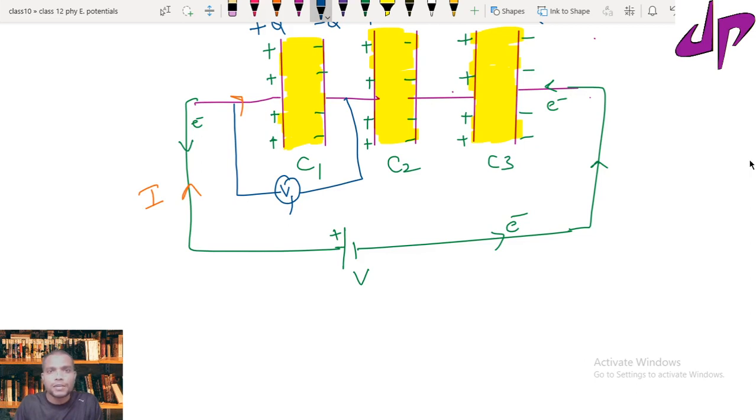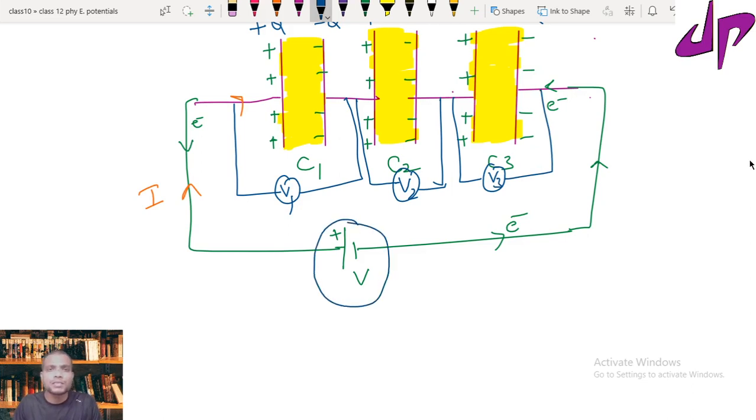For the second plate, if we connect one more voltmeter, the potential difference between the plates decreases. Since it is connected in series, the total potential, V, is the applied potential.